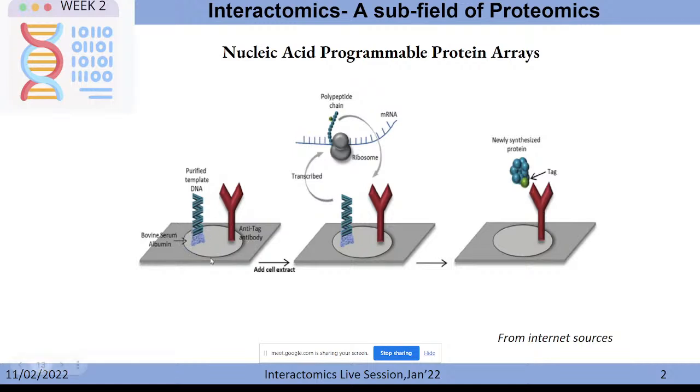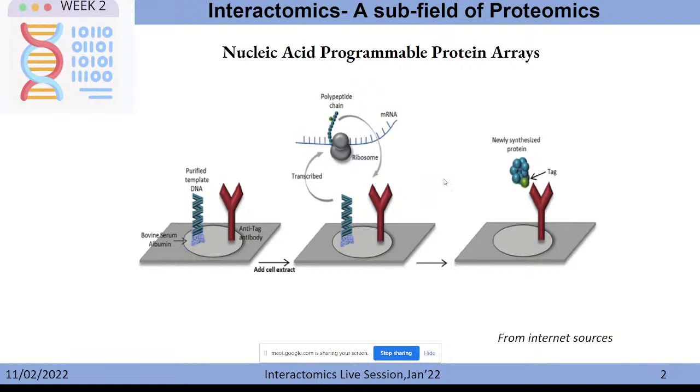Okay, so this is your gene template, and then finally you will add your BSA, just to block all the spaces non-specifically. Then you will add your cell extract for transcription and translation, which contains all those factors.